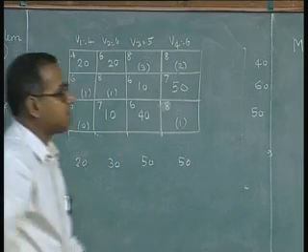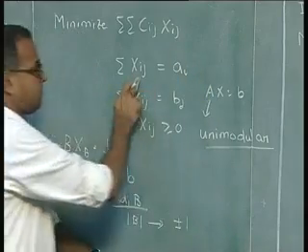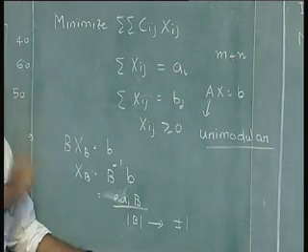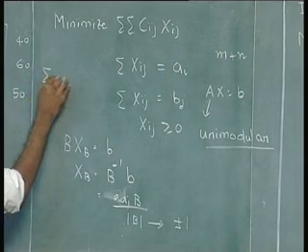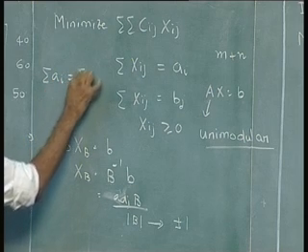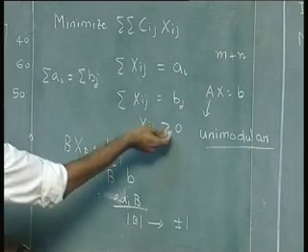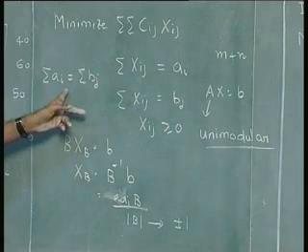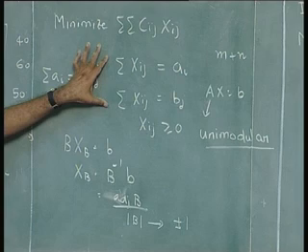Now going back to the balanced transportation problem, the problem has m into n variables and m plus n constraints like this, and we also have in a balanced problem sigma ai equal to sigma bj. So if we take these constraints and simply add them vertically, we will get sigma ai equal to sigma bj, which is this. Therefore the m plus n constraints actually represent a linearly dependent system.